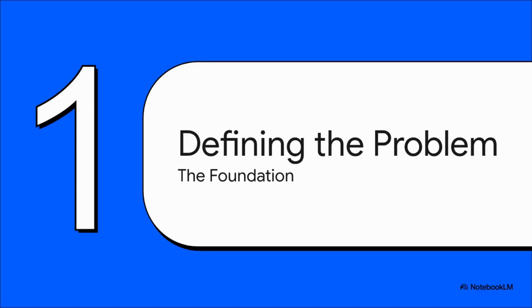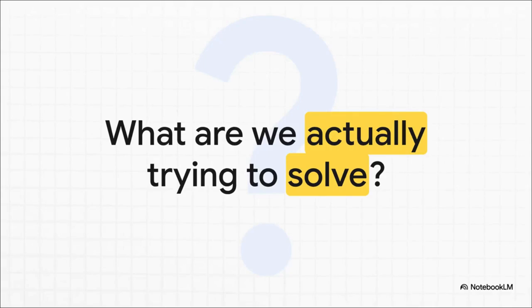All right, phase 1. Defining the problem. Let's pour the foundation. Before we write literally a single line of code, we have got to step back and ask, what are we actually trying to solve? It sounds incredibly basic, but you would be shocked how often this is the most skipped step in amateur projects. AI is fundamentally a tool for problem solving.